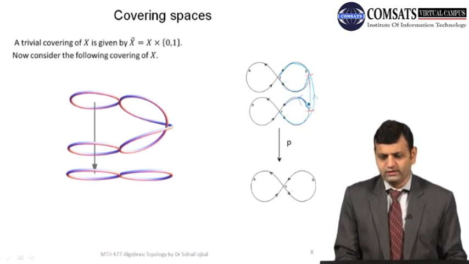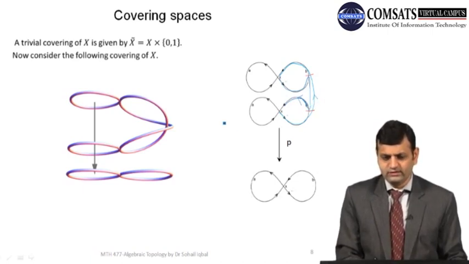In other words, what I'm trying to say is consider a space like this. There are 2 circles which are not cut, and then there are 2 circles which are cut and joined in this way. So this is the space that we get after cutting and joining these 2 circles.